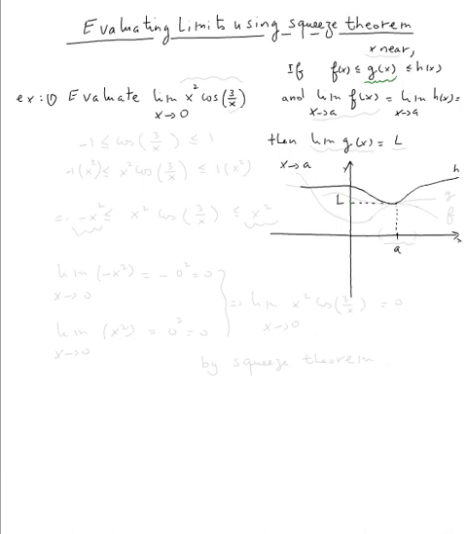This is h of x. So let's draw function f of x such that the limit is equal to L also. That means as we approach a from the right side, let's assume this way, it's going towards L. Same thing from the left side, the limit is equal to L, means something like this.